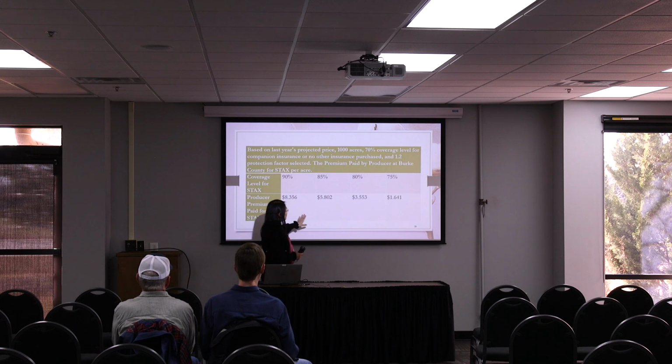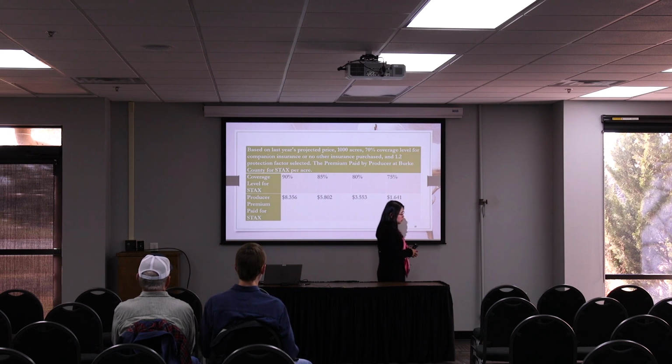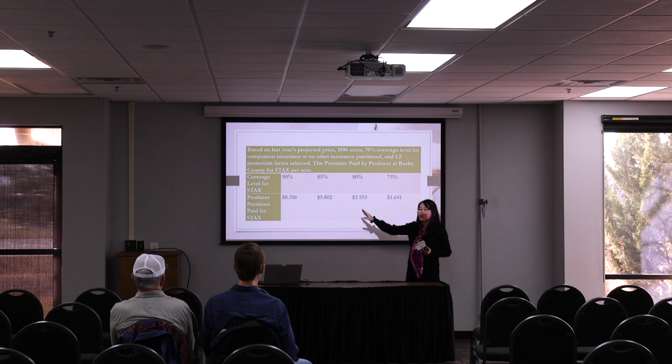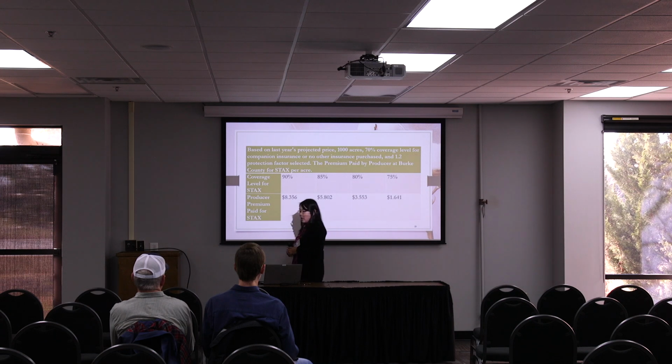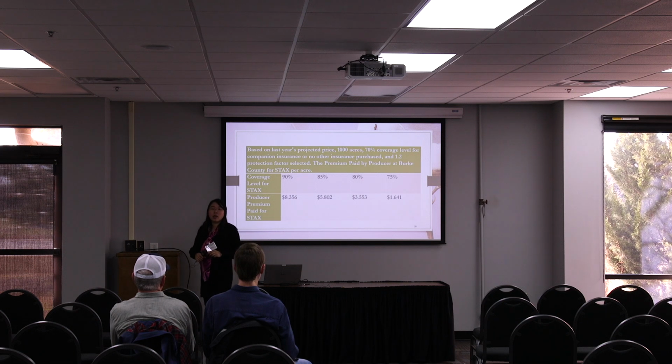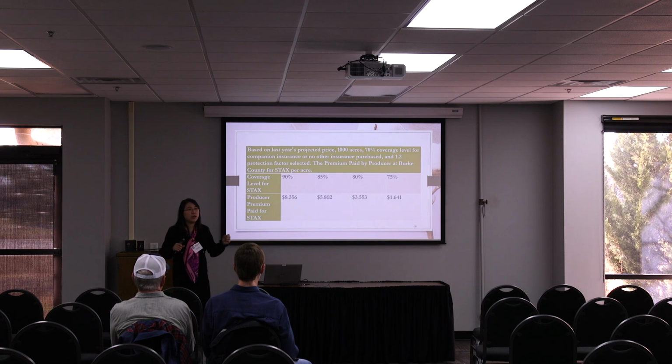The premium ranges from $1.6 for 75% coverage level to over $8 per acre for 90% coverage level. From the data pulled about STAX enrollment, most producers enroll in 90% coverage level for STAX.